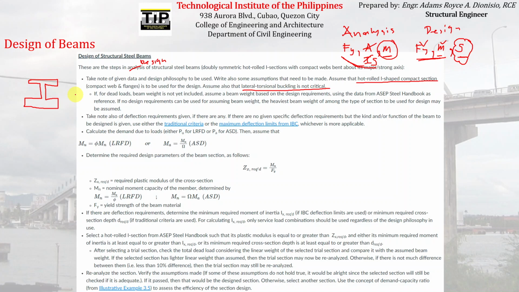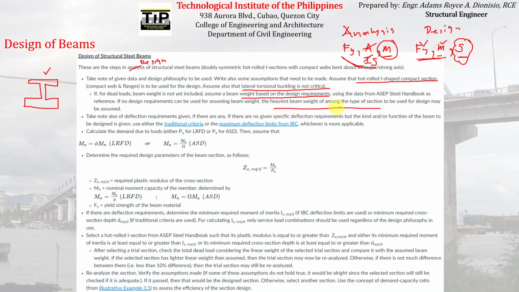So just to consider the weight of the steel section that we are designing, we can assume some arbitrary weight based on the design requirements, using the data from the ASEP Steel Handbook. But if there are no design requirements mentioned, we can assume a beam weight equal to the heaviest beam weight among the type of section enumerated or used for the design.